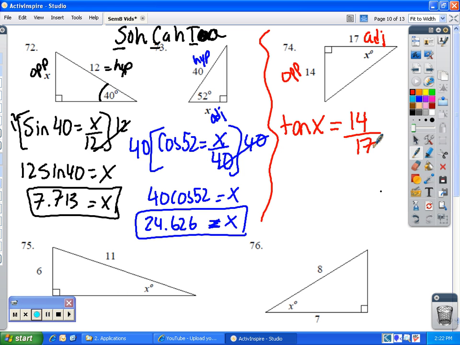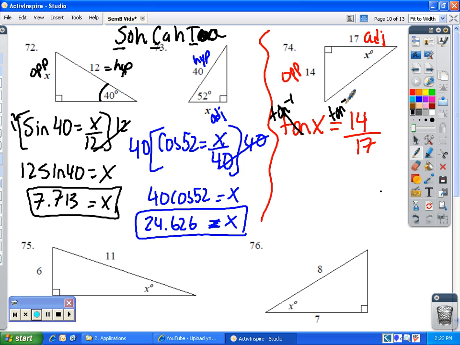Now we want to solve for x. We always are solving for x, but x is caught up here with this tangent, and we want to get rid of that tangent function. To remove a function, you can't just add or subtract it. You have to undo it with its inverse function. And in our case, the inverse function is the inverse tan. Taking the inverse tan of tan cancels them out.